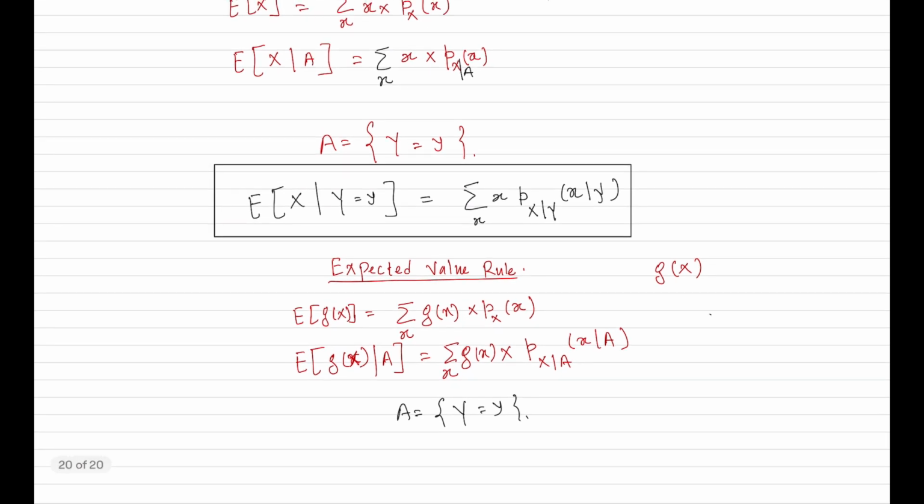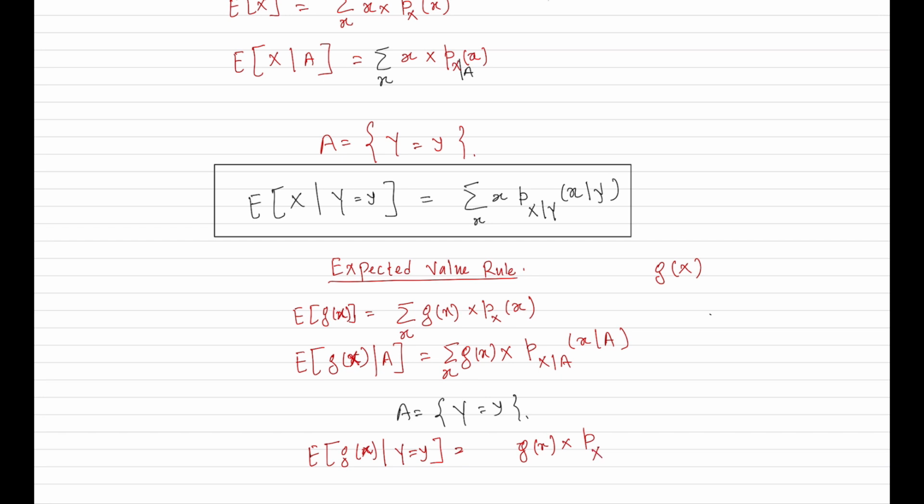And if we have to find the conditional expectation given that this event A has occurred, or that the random variable y is taking some value little y, then the expectation of the function g(x) given this event A, or equivalently given that the random variable y is taking the value little y, will be equal to this function times the conditional probability.